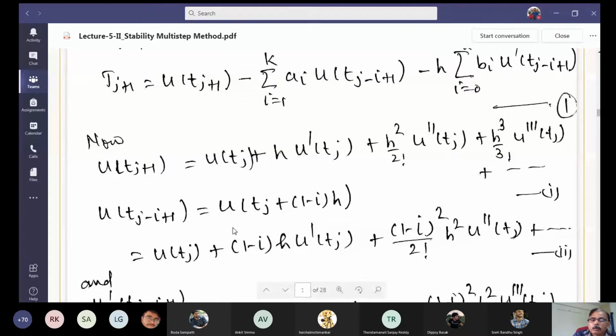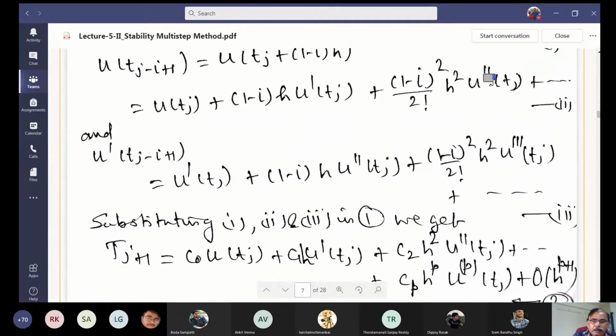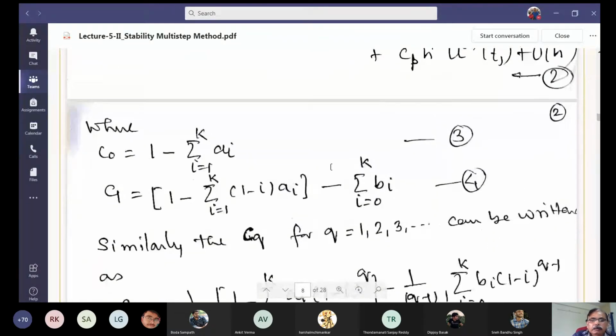There will be no other term. So it will be h, i running from 0 onward, and then b_i. So here it is written, C1 is 1 minus the summation, i running from 1 to k, (1 − i) a_i, minus the summation, i running from 0 to k, b_i.